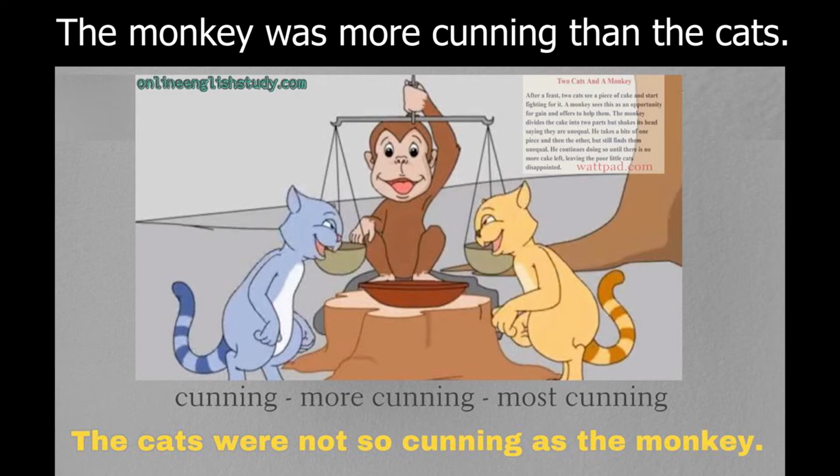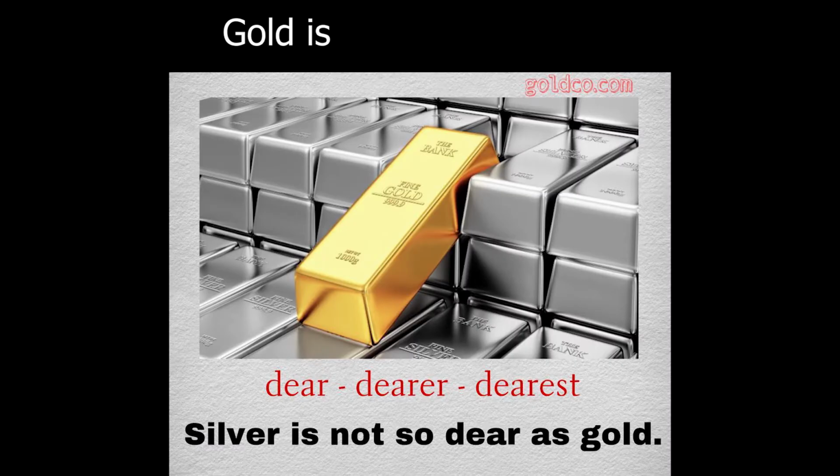The subject, that is, the cats, of the original positive degree sentence is plural. On the other hand, the subject, that is, the monkey, of the comparative degree sentence is singular. Gold is dearer than silver.